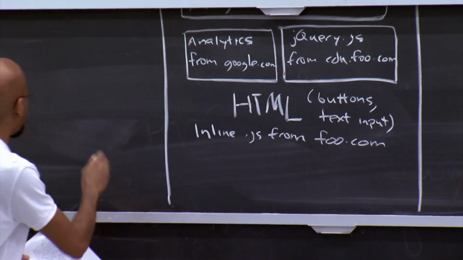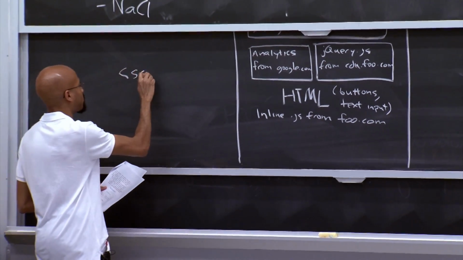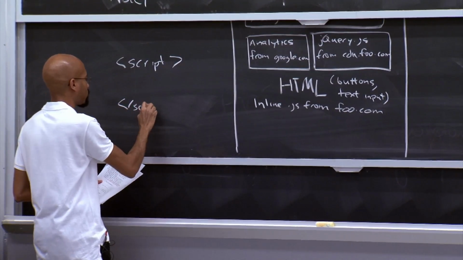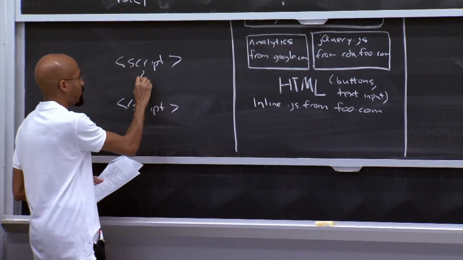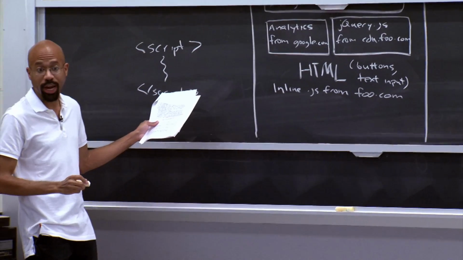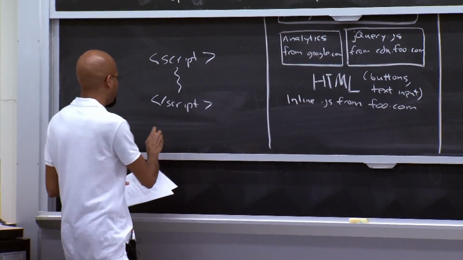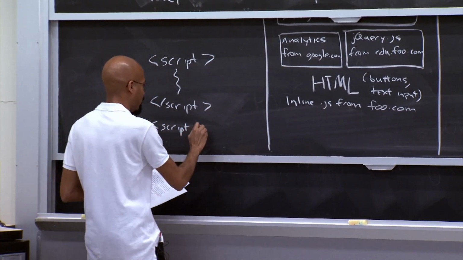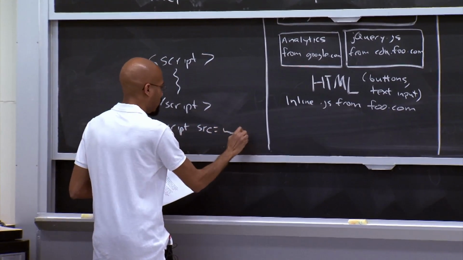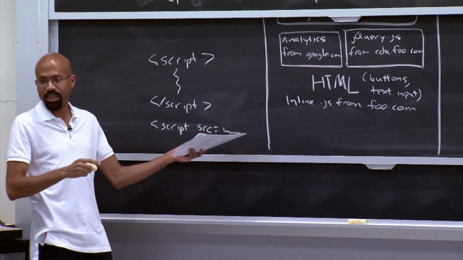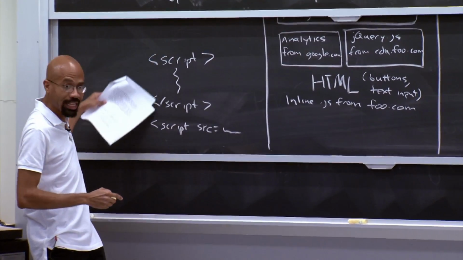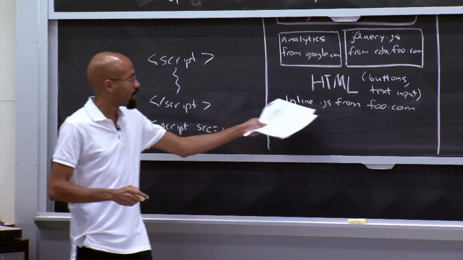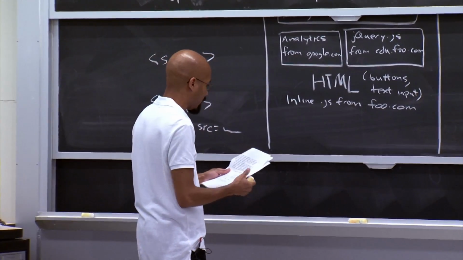And by inline I mean you have a script tag, and then you have a closed script tag, and then you just have some JavaScript code included in there directly. Right? That's as opposed to where you say something like, script, and then the source equals something that lives on some server remotely, right? So this is what's called inline JavaScript. This is what's referred to as an externally defined JavaScript file. So you might have some inline JavaScript there from foo.com.